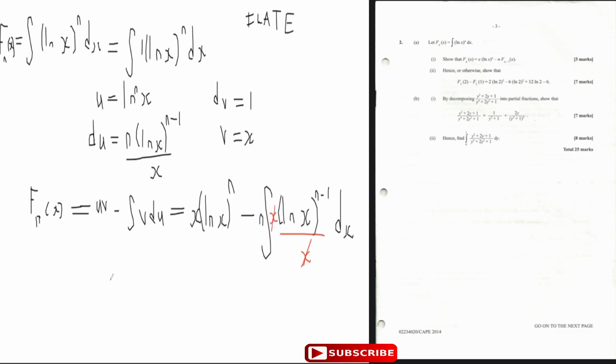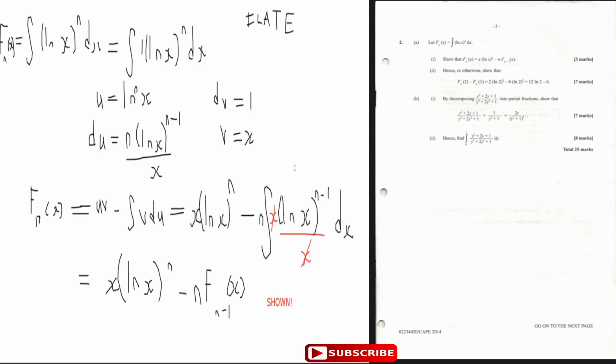So what this works out to be is just x ln x raised to the n minus n times the integral of ln x to the n minus 1, that's just f n minus 1 of x. That's how we do this question. Easily shown, nice and easy, soft. So we can write shown easily.